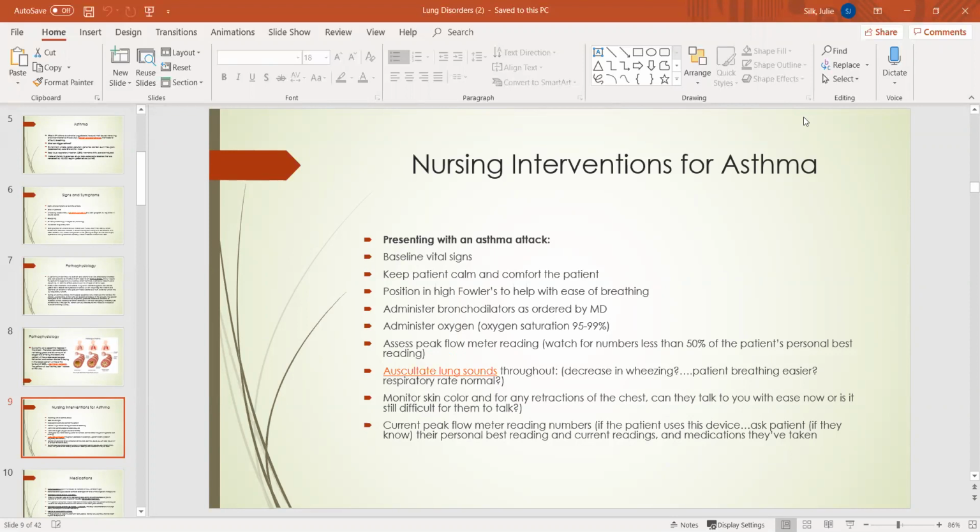Basically, you're looking at this reading, and if this reading is below 80%, that's not good, because we want 80% or above. 80% or above means that we're doing well, that we're breathing fine, we're not having asthma symptoms. So if the number that you get when you blow into that in the morning is lower than that, then you know you're having issues, so there's something you need to do.